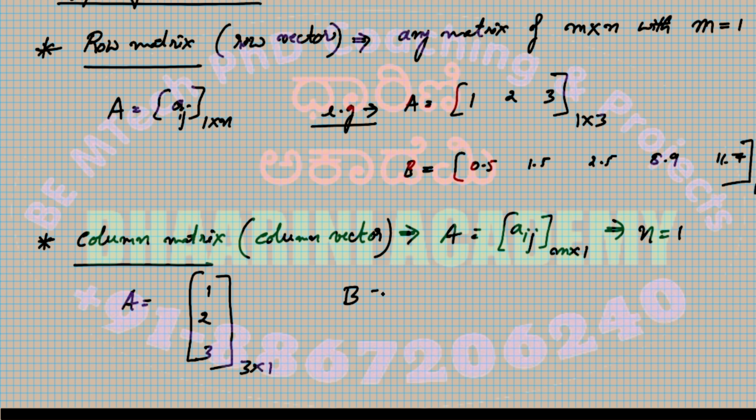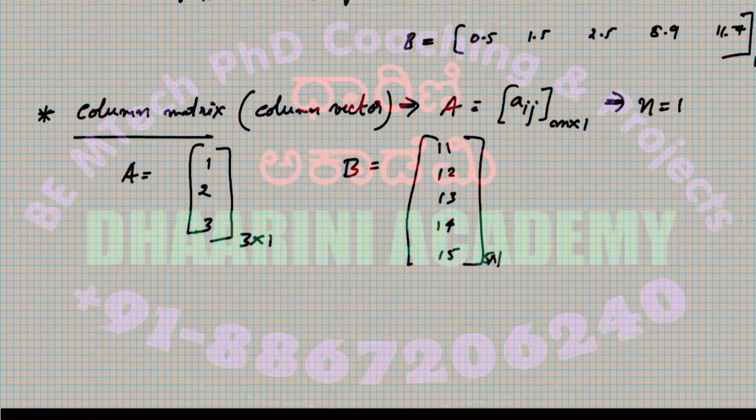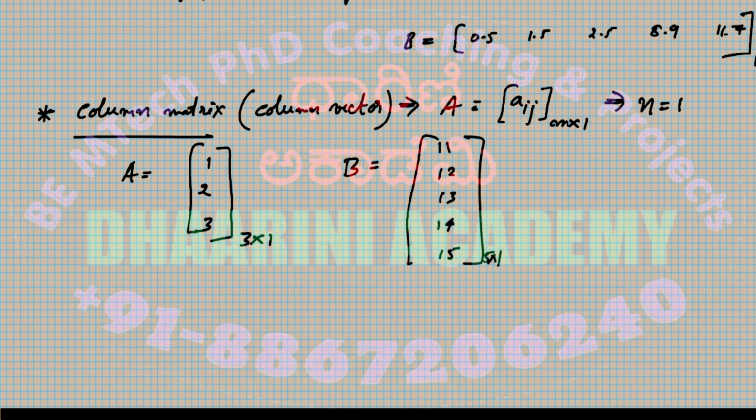Similarly, write a B which is equal to 1, 1, 1, 2, 1, 3, 1, 4, 1, 5. This is an example of 5 cross 1: 5 rows, 1 column. Anything like this is called a column matrix or a column vector.